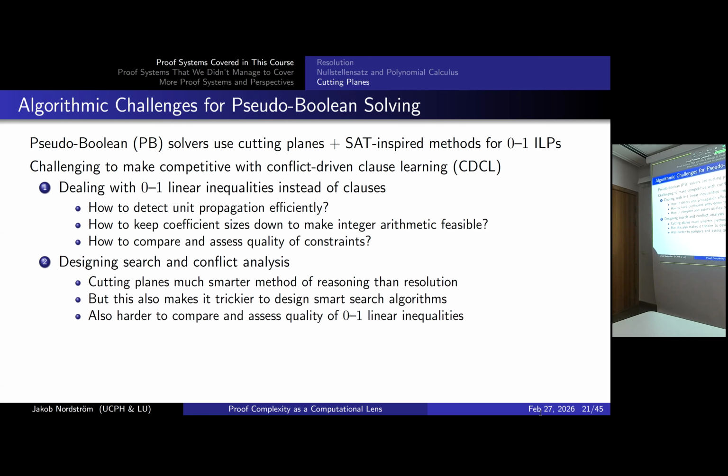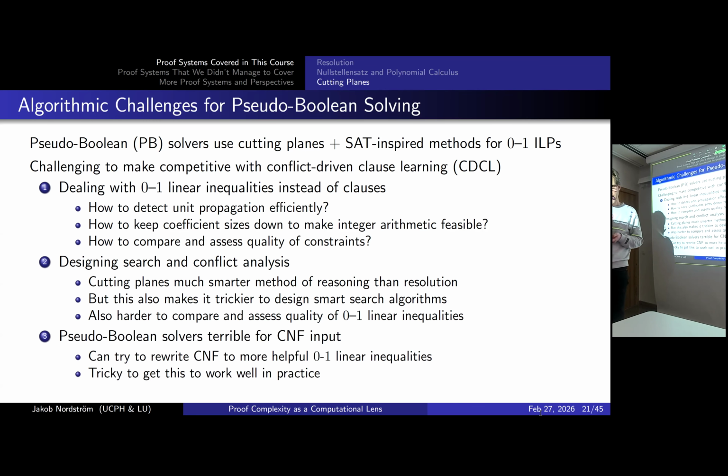How to do conflict analysis, once you've assigned your variables and hit a violated constraint and want to analyze the conflict, is a very interesting question. What is a good way of employing cutting planes to derive new constraints, which is also related to the question of, if I don't know what a good constraint is, then how do I know if I derived a good constraint?